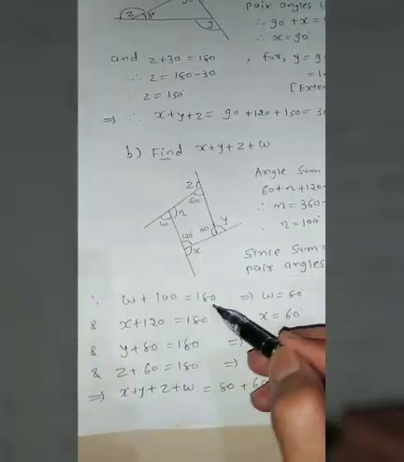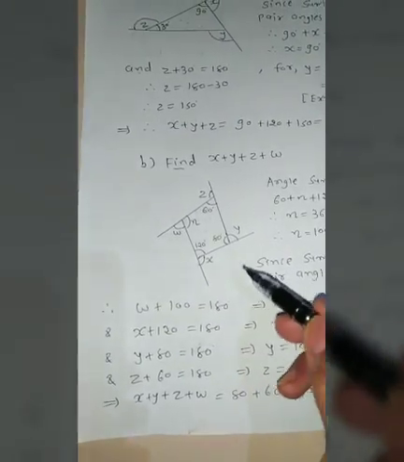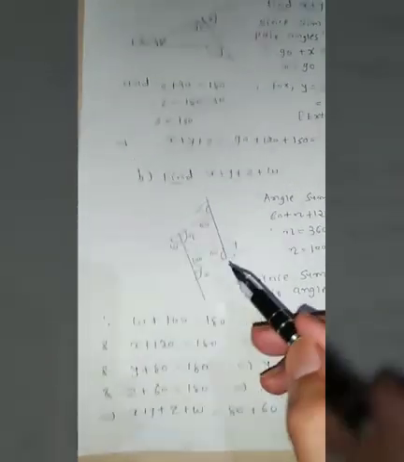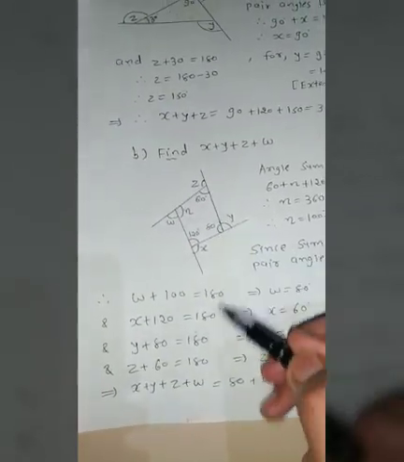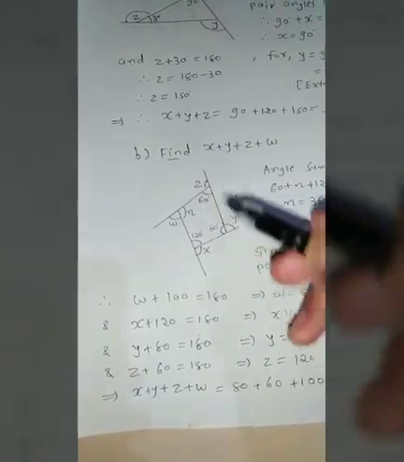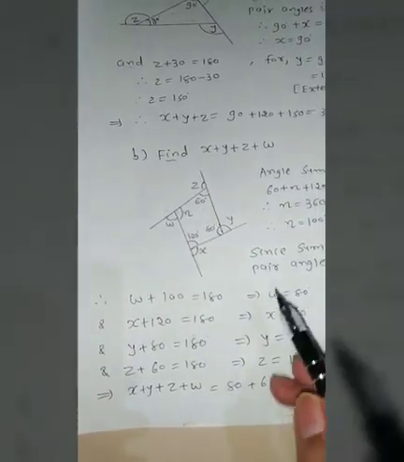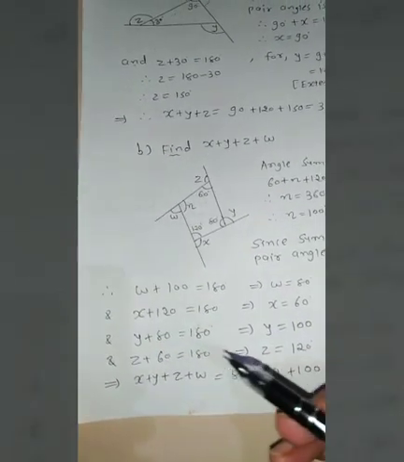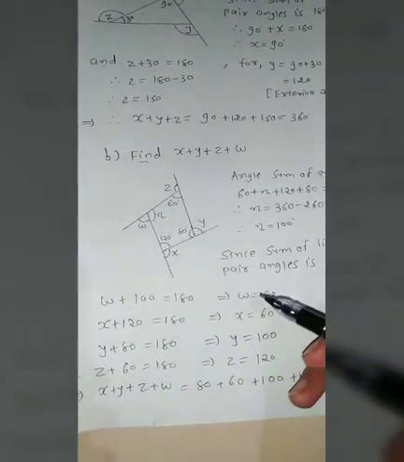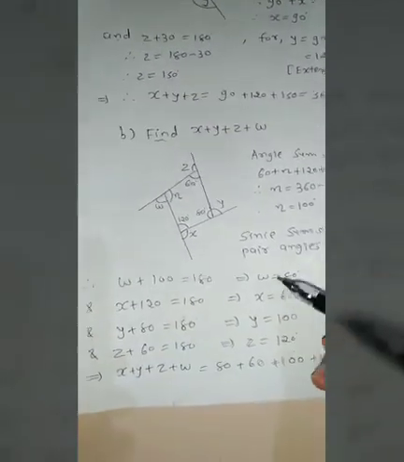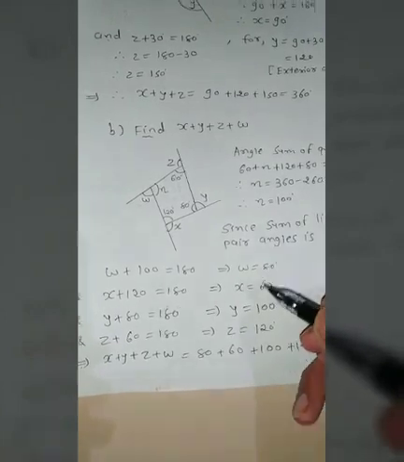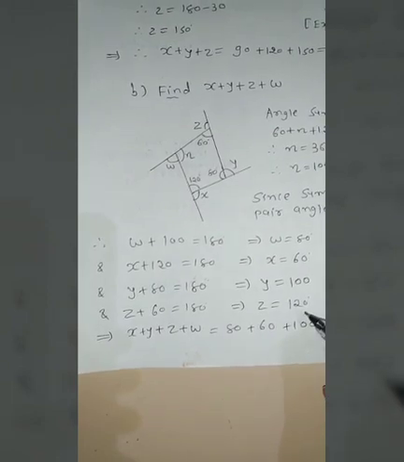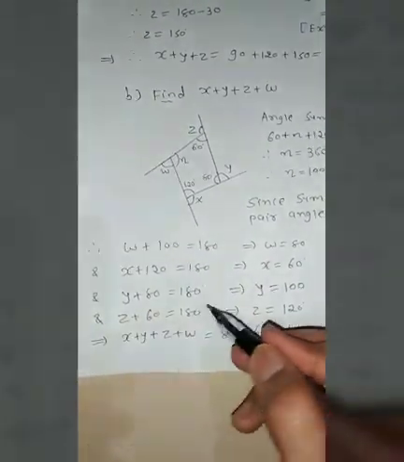So w plus 100 gives 180, and x plus 120 is equal to 180, y plus 80 is equal to 180 and z plus 60 is equal to 180. These 4 are linear pairs. After simplification, we can find w is equal to 80, x is equal to 60, y is equal to 100 and z is equal to 120 from these equations.